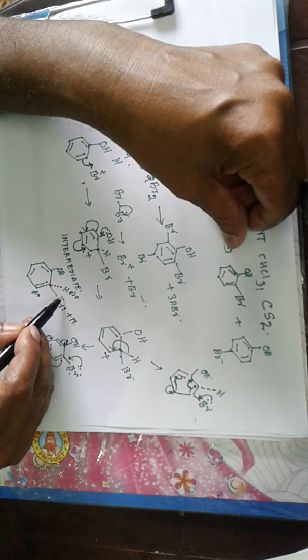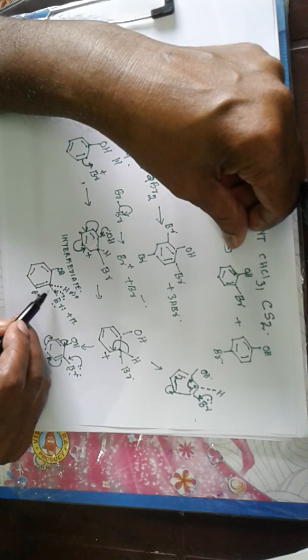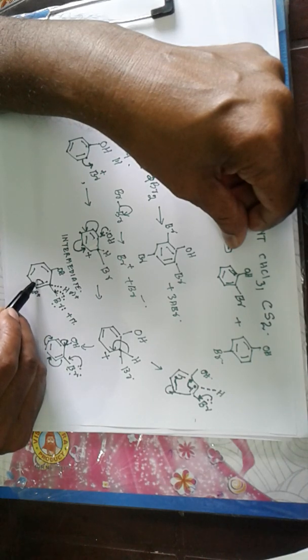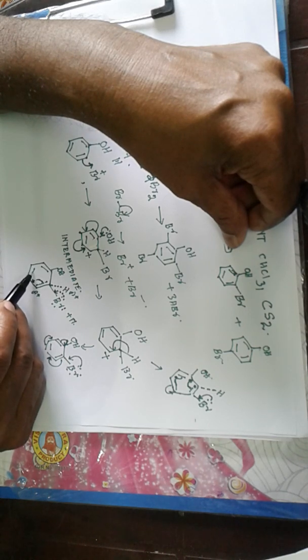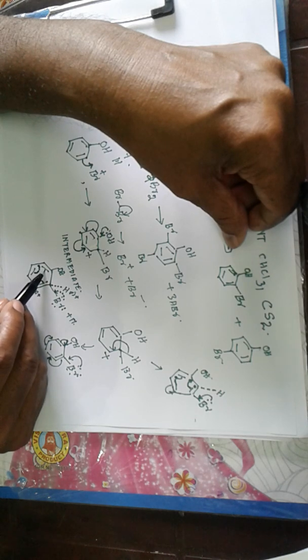So this lone pair of electrons may be partially donated here. This pi bond may be partially shifted to this position, and here also partial bond shift occurs, and here also partial bond shift occurs.